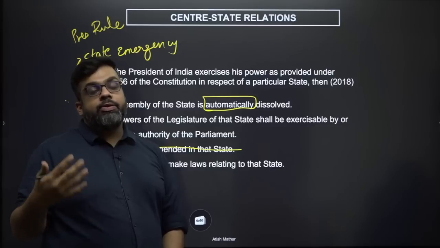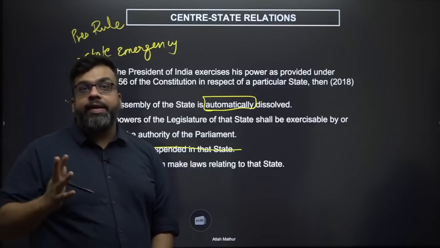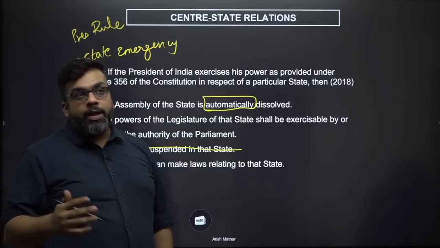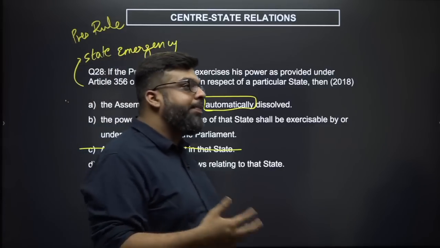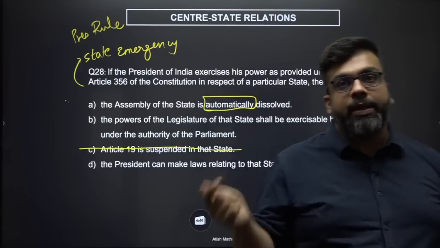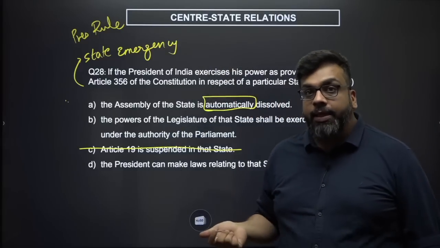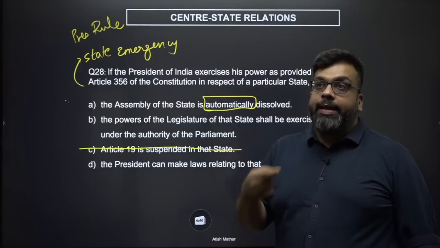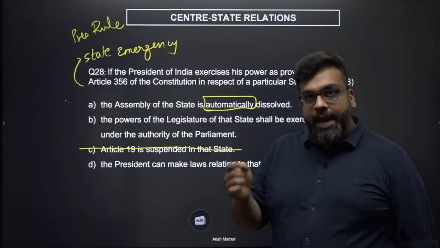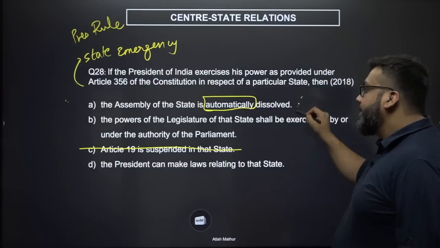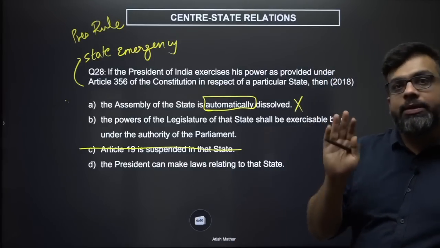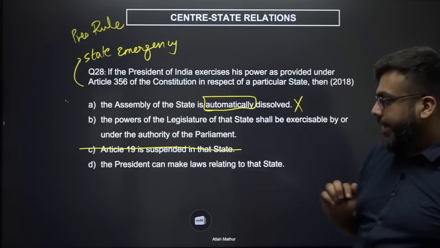This could be abused to a very wide degree. This means every time the center is unhappy with the political party at the state, they could quickly shut them out by dissolving the assembly. That would therefore be detrimental to the interest of democracy and federalism. So this definitely is not true. It may be dissolved in certain cases, but not as a matter of right.